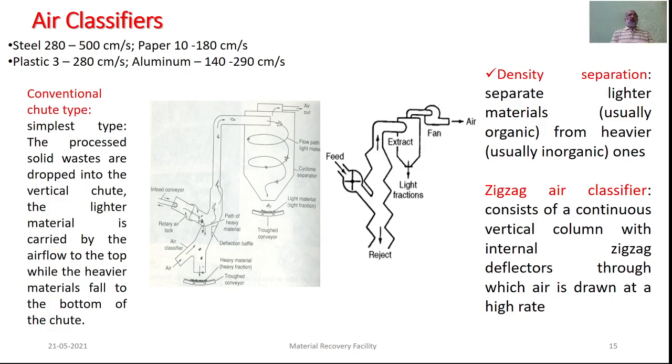One can also make use of air classifiers. Various experimental studies have depicted that steel has a settling velocity of 280 to 500 cm per second, paper 10 to 180 cm per second, plastic 3 to 280 cm per second, aluminum 142 to 290 cm per second.